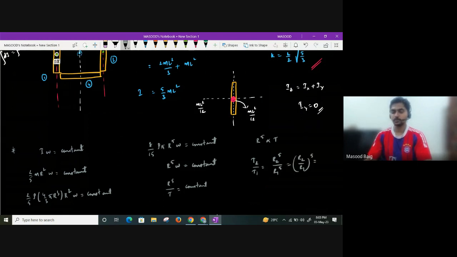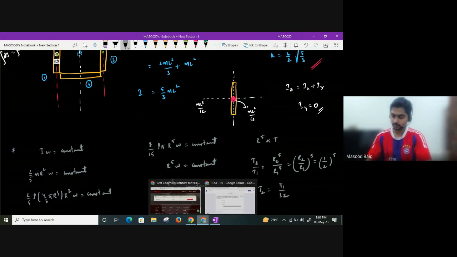So r2 value is how much here? Half. So I'll get 1 by 2 whole power 5. From this, T2 value will be T1 divided by 32.